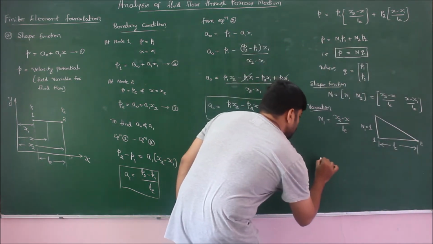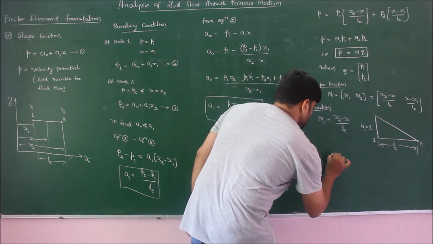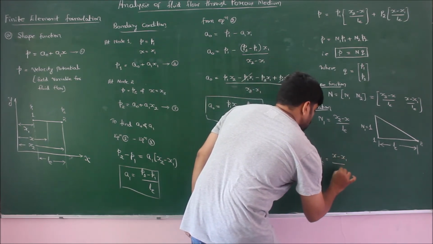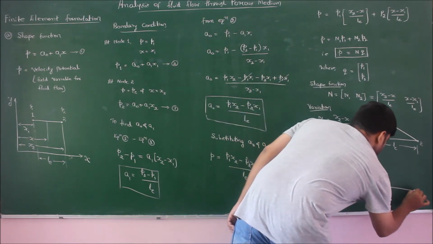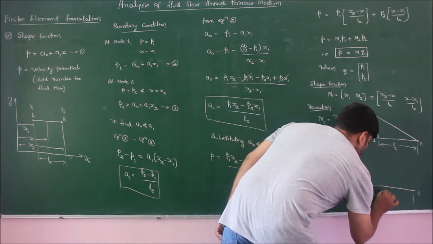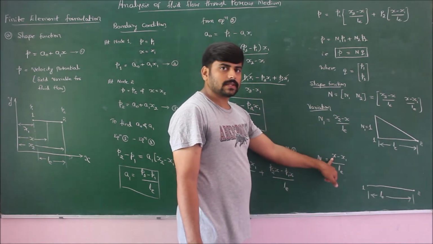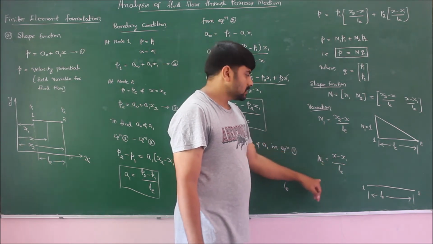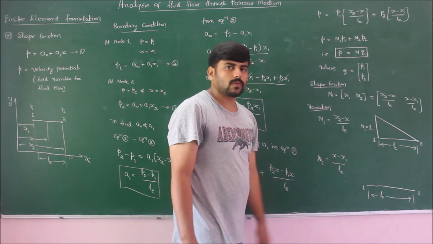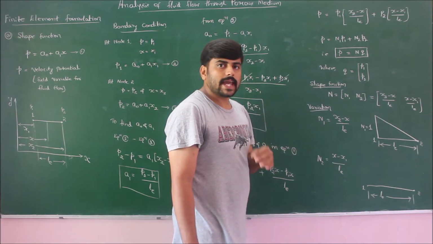Coming to the variation of shape function N2, N2 is given by x minus x1 by length of the element. So consider the element of length LE with node numbers 1 and 2. At node number 1, the value of x is x1. If I substitute x1, x1 minus x1 will become 0. So therefore N2 is 0 at node 1. Now the value of x at node 2 is x2.